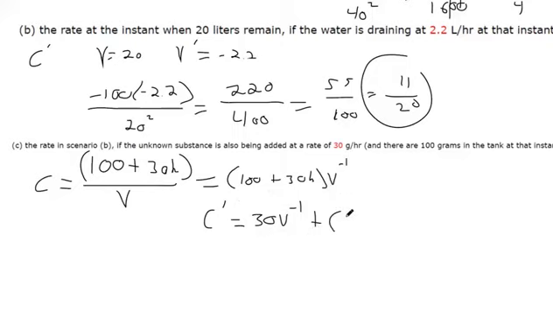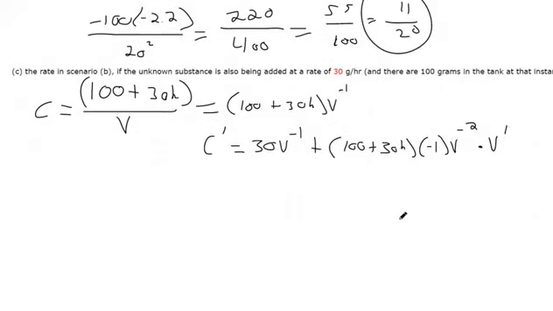Now we need the first function kept the same times the derivative of the second function. So the negative 1 comes down, gets reduced by 1, but then we need the chain rule with implicit differentiation. The derivative of volume is V prime. So that's our new C prime because of time being a variable, because of that change of plus 30 grams per hour.